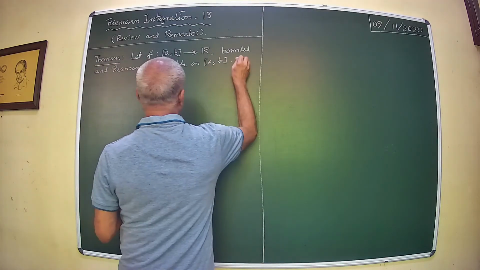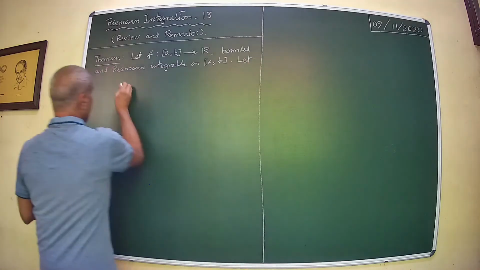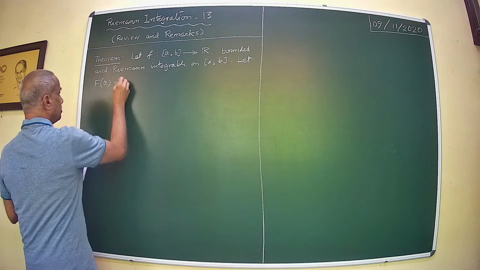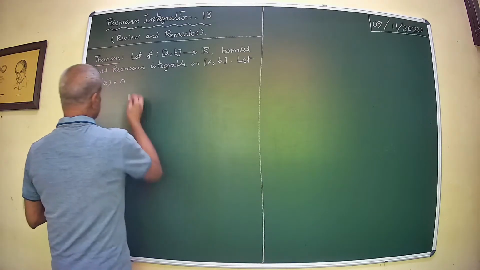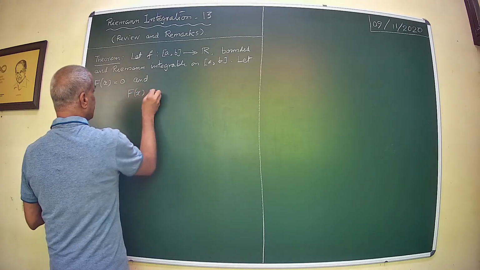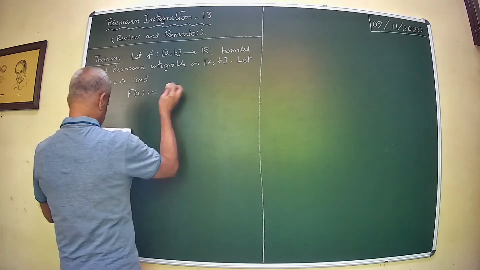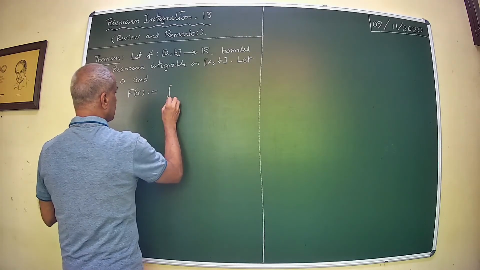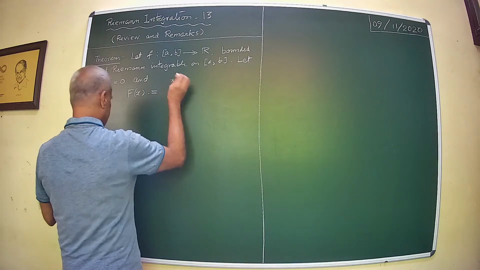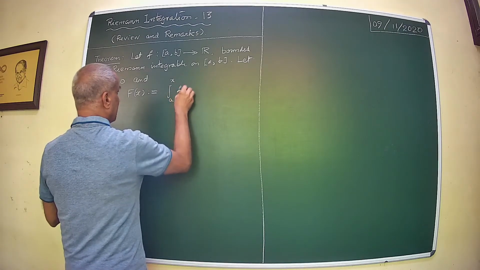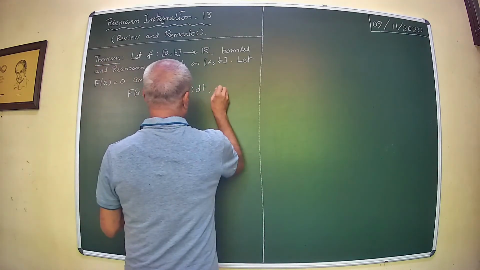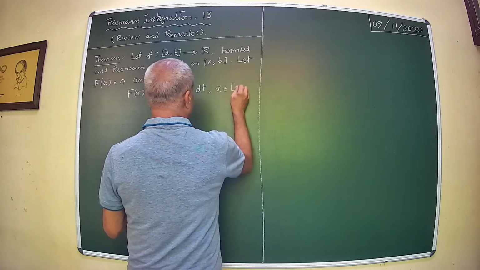Let F(a) be equal to 0 and F(x) be defined by the integral from a to x of f(t) dt, for x belonging to [a, b].